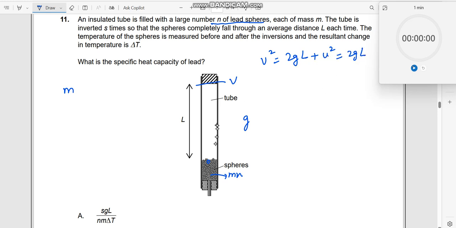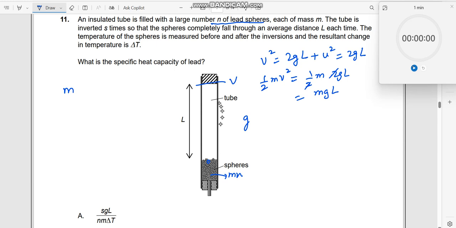When it hits here, it gives some energy to the container and the lead. What was the energy given? The energy associated with this velocity is the kinetic energy, half m v squared, which equals half m into 2gL, which is mgL. So one lead sphere started from here, crossed this length L, hit the other end, and provided energy equal to mgL.